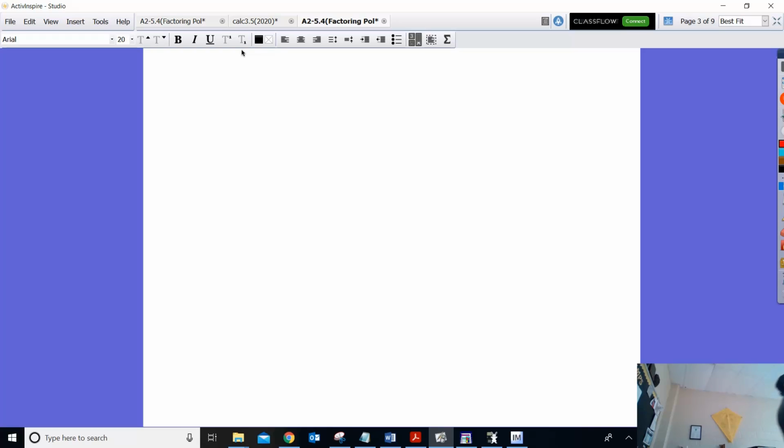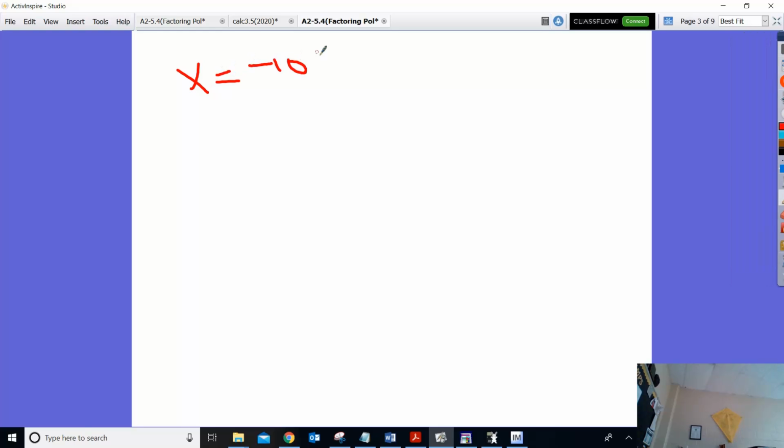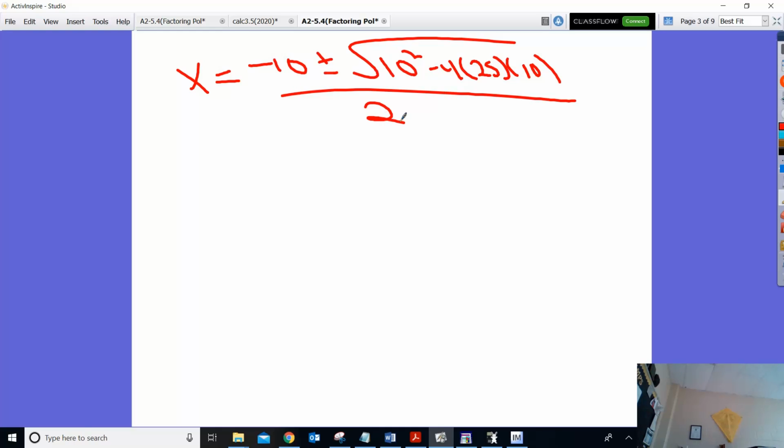The reason I'm going through this, go ahead and put your head down if you want. Anyways, the quadratic formula goes x equals negative 10 plus or minus the square root of b squared minus 4ac, all over 2a. Now, inside that radical, you've got 10 squared, which is 100, minus 4 times 25 times 4.